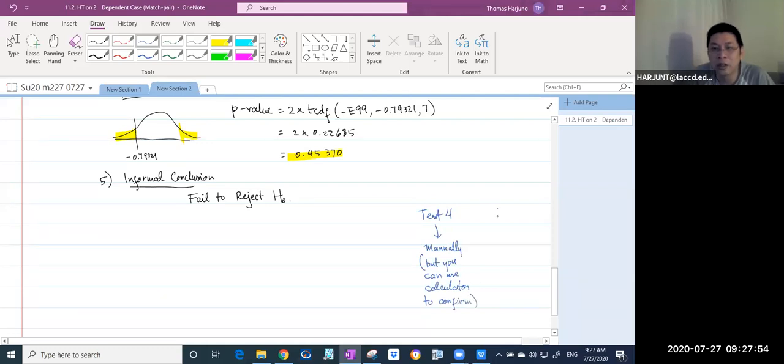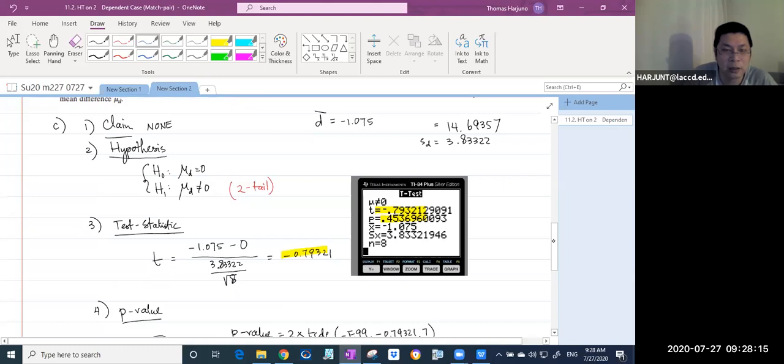Now, the other thing is about your final. Your final has some multiple choice, but there will be hypothesis testing part in which you will show work almost manually, but a lot of teachers allow you to use calculator to show the computation. So for example, for the test statistic, when it comes to final, you don't need to show this thing.